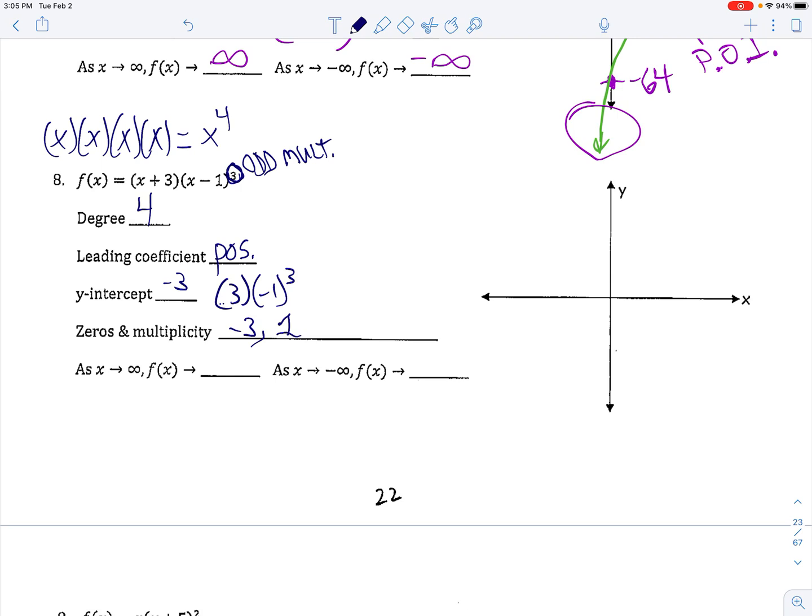Then x minus 1 is the factor, which means you set that equal to 0, and you get 1 as your root, which is repeated 3 times. So that is a multiplicity of 3. That is your odd multiplicity.